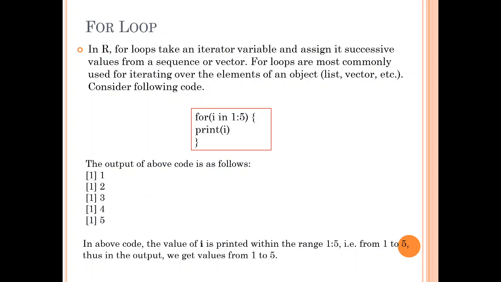So now we have an example illustrating how a for loop is executed. We can see here there is a keyword for, and inside the brackets there is a vector given within a range 1 to 5 and a variable I. So this I will take a single value from this range, starting from 1 and ending at 5, and each time it will execute the print statement.